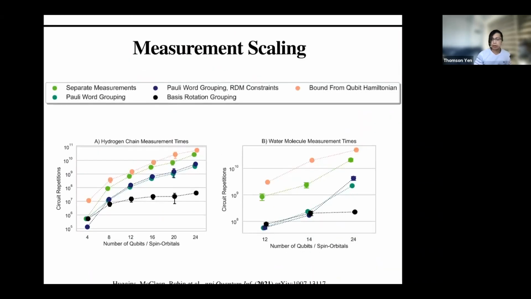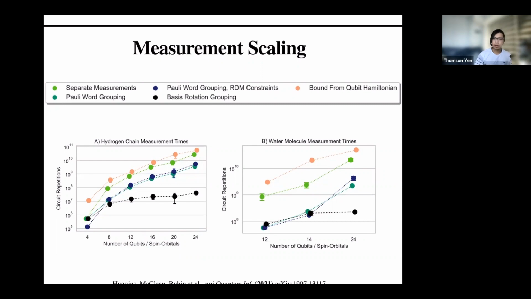Here's an example of how inefficient that is. The Google team, who are also studying this problem, look at some water molecules or hydrogen chains. You can see the number of qubits being 12, 16, or 14. These are the size of problems that you could really solve on your classical computers.